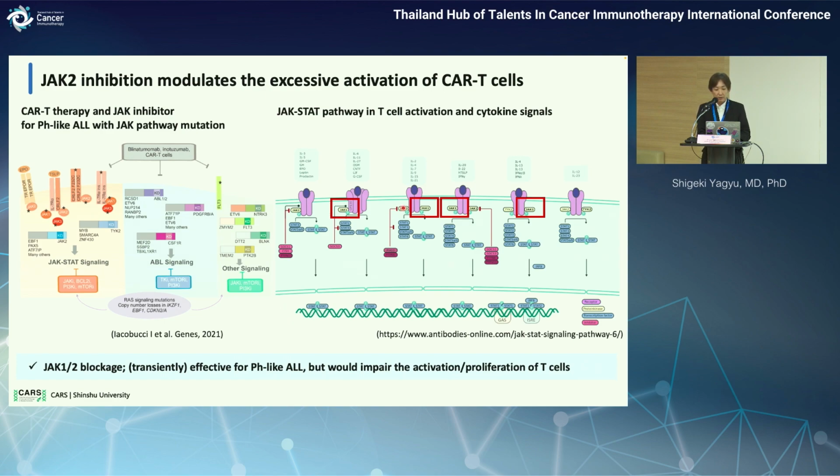Here is the schema of the T-cell activation system, and JAK1 is the key molecule of the T-cell pathway or various cytokine system. Therefore, we hypothesize that use of the ruxolitinib, that is a JAK1/2 inhibitor, would impair the function of CAR T-cells.